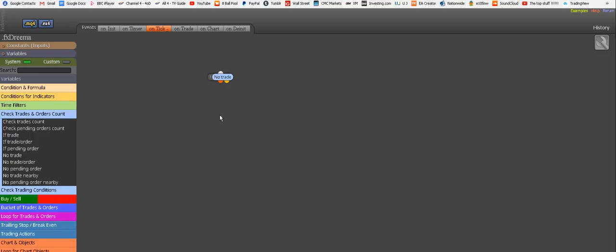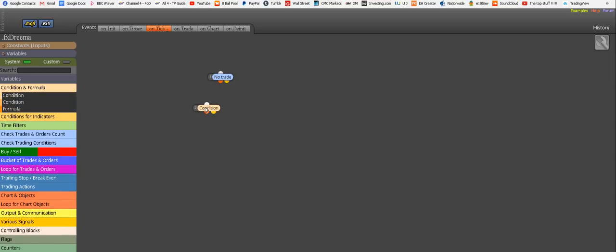So we're starting from the buying condition. And the buying condition number 1, from here, drag it over here, and connect this no trade to our first condition, which is going to be the first of our buying conditions.